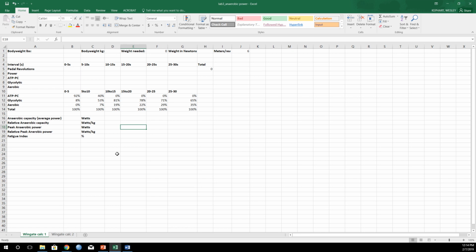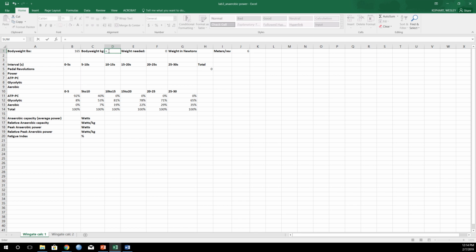Okay, so I paused for a second, and hopefully you paused and you started writing all of this stuff out. So here, let's start at the top. Body weight, LBS. Really quick, let's just say that someone weighs 165 pounds. That's kind of the standard that we normally do. Here, body weight kg. Let's just convert that really quick.